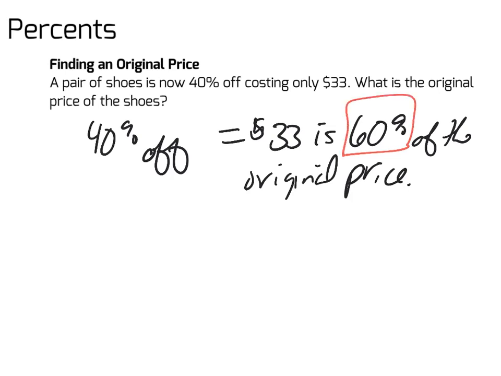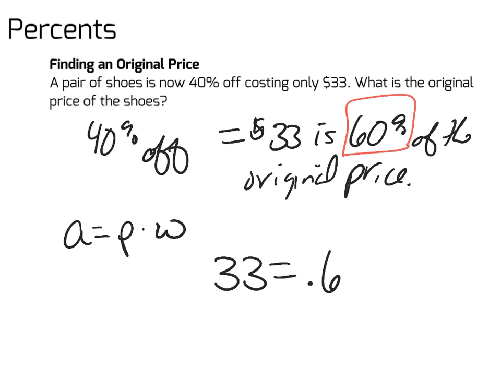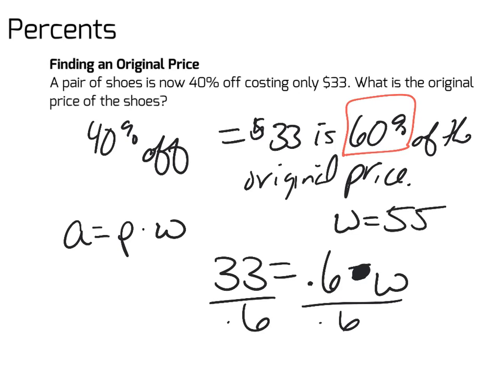So I'm going to go back and use my A equals P times W. I know that the part is 33, and I know that that is 60% or 0.6 of the original price. So I'm going to take 33 equals 0.6 W. So I got to divide by 0.6. If I take 33 divided by 0.6, I'm going to get 55.